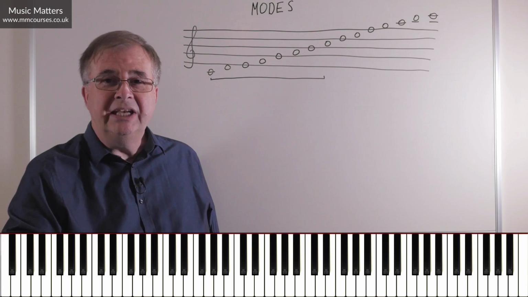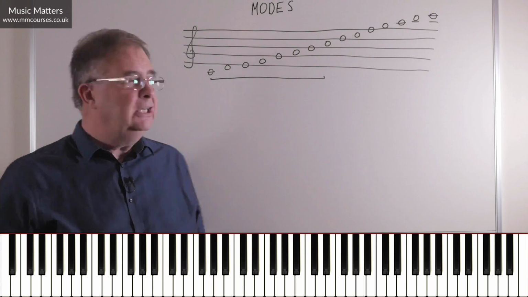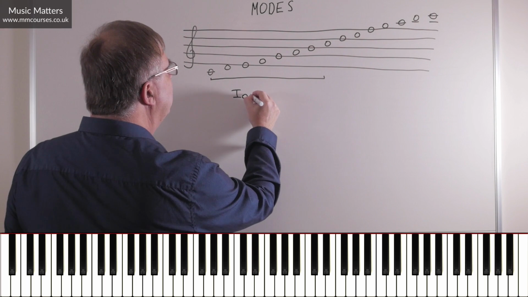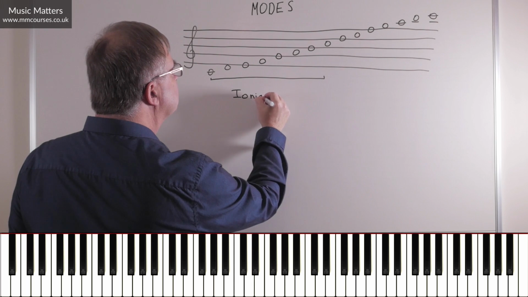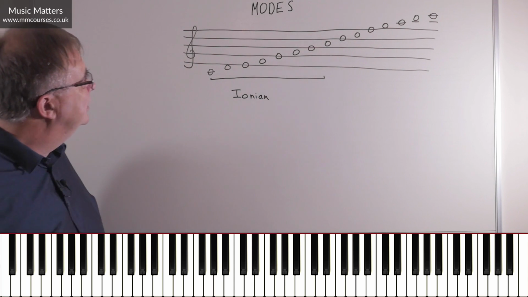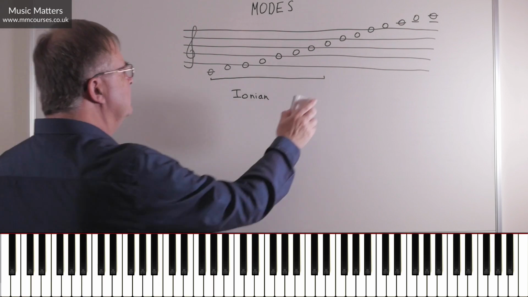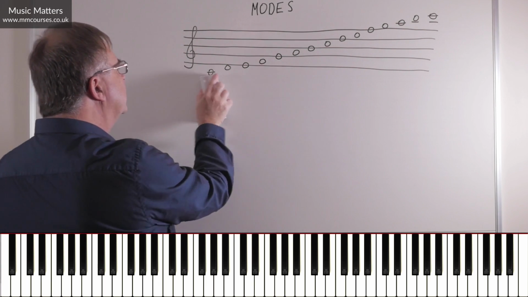Okay, but C to C, just using the white notes like that, was originally called the Ionian mode. So if you use those notes from C to C, that's the Ionian mode. Okay, well, that seems fairly straightforward, doesn't it?